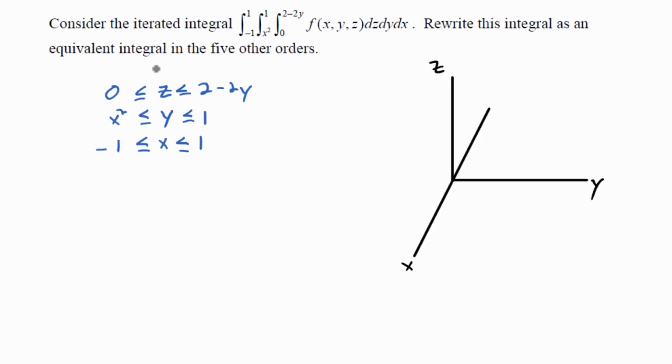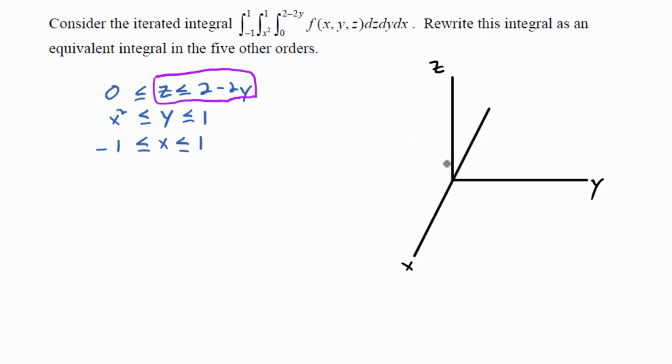All right, how about let's graph the equality given by z equals 2 minus 2y. Z equals 2 minus 2y. In the yz plane, what is that graph going to be? But if it's just in the yz plane, it's a line that generates a plane in space.